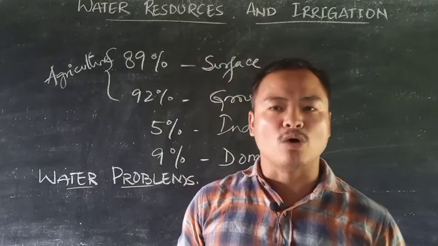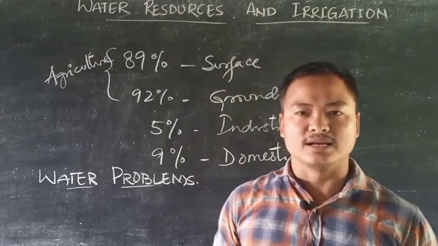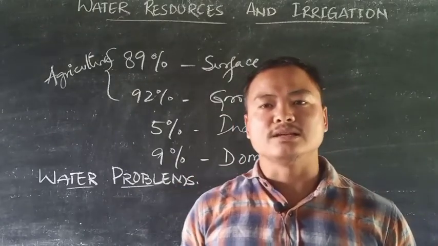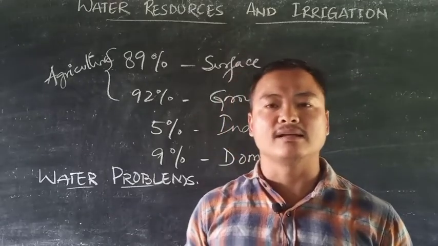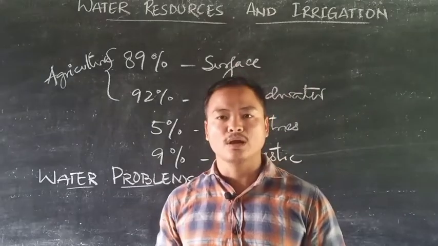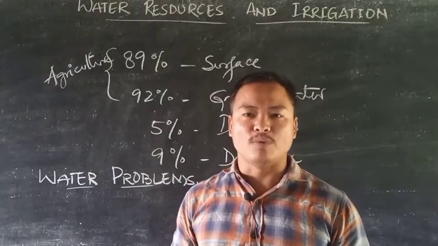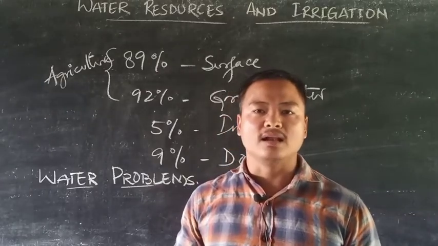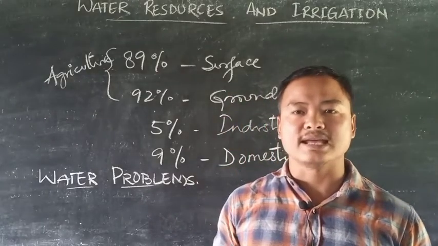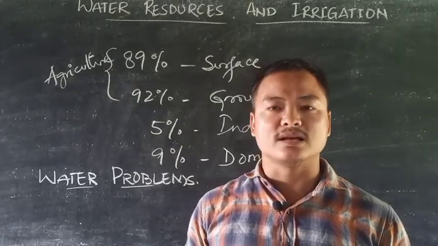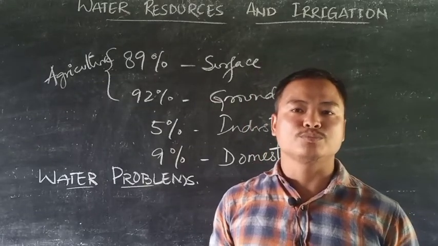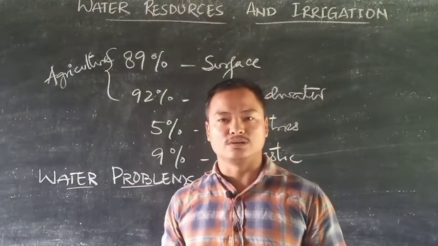When we talk about water problems, industrialization, overutilization of chemical fertilizers in agricultural fields, the increasing population and large-scale deforestation taking place on this earth are creating a huge problem for water resources.